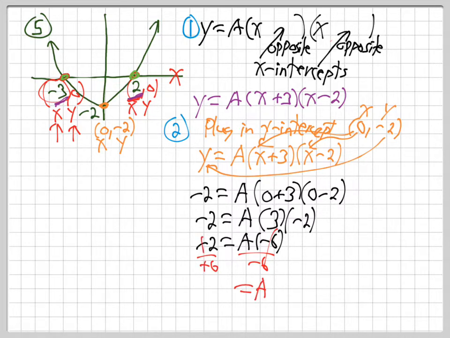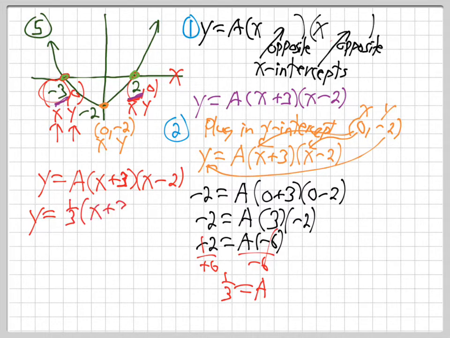Two negatives make a positive. Reduce that fraction. a is 1/3. So our answer is y equals a(x plus 3)(x minus 2), where a we now know to be 1/3. There's the equation of that U-shape, that parabola.